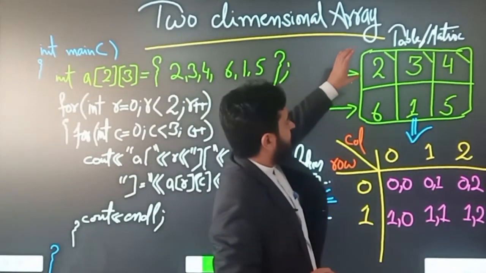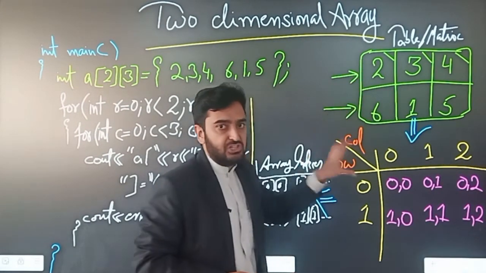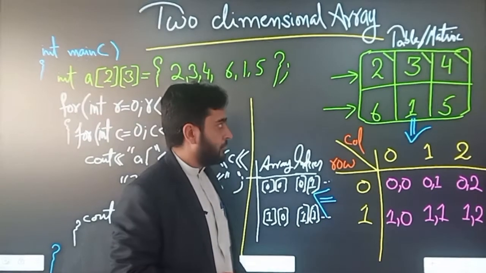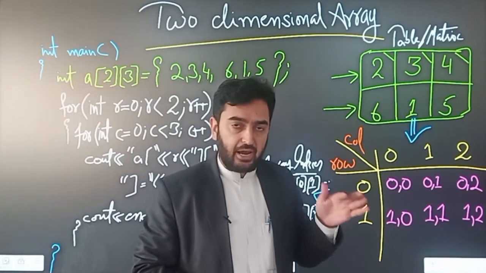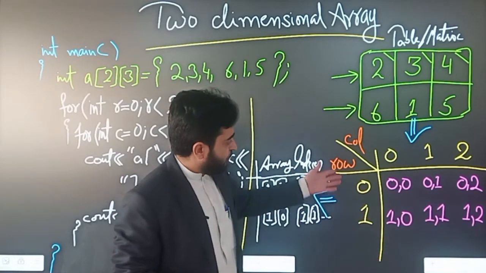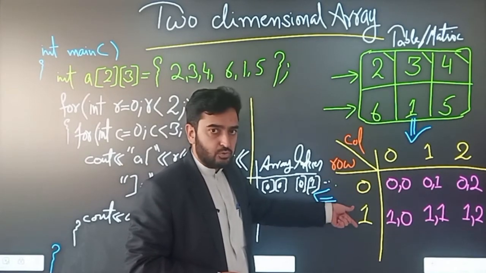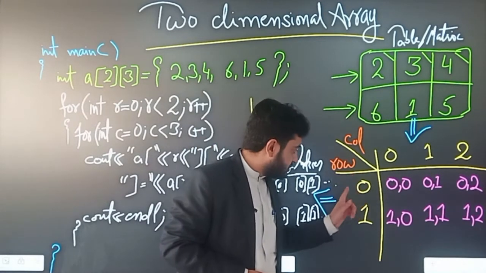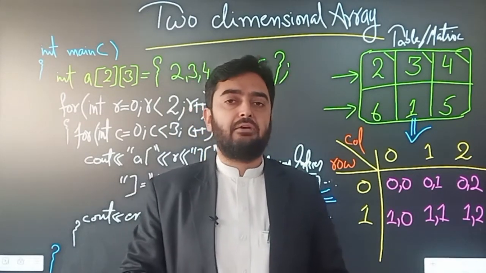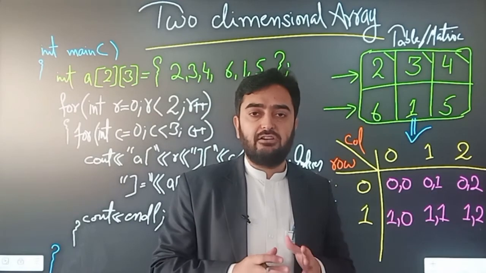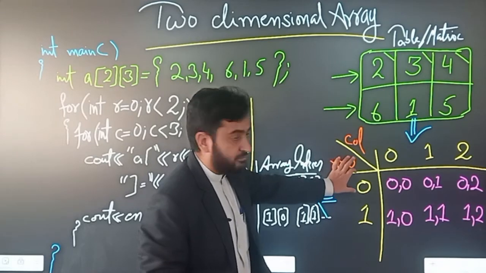Each element in this matrix or table has its position in the table. The position can be identified by the row number and column number. We have two rows, and I have written 0 and 1 because in C++ and the majority of programming languages, arrays have indices starting from 0.